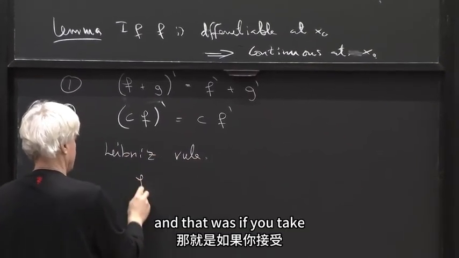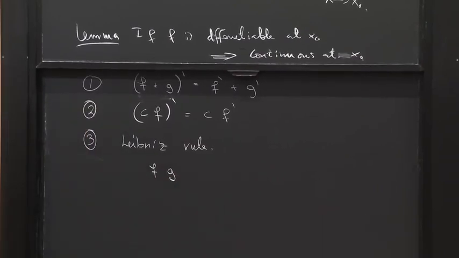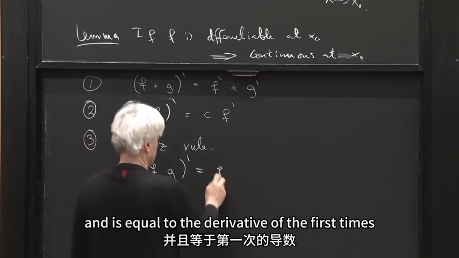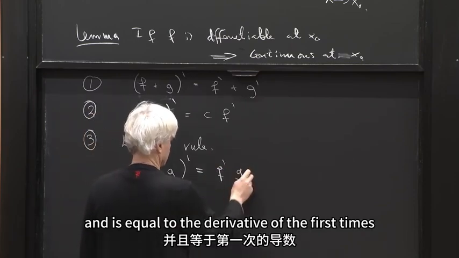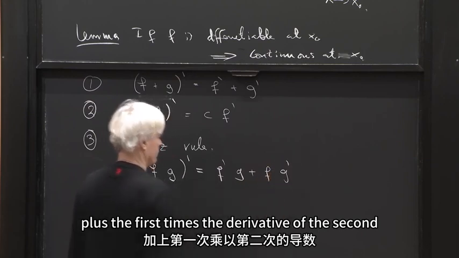That was if you have these two functions, they're differentiable, and you take the product, the derivative exists and is equal to the derivative of the first times the second plus the first times the derivative of the second.